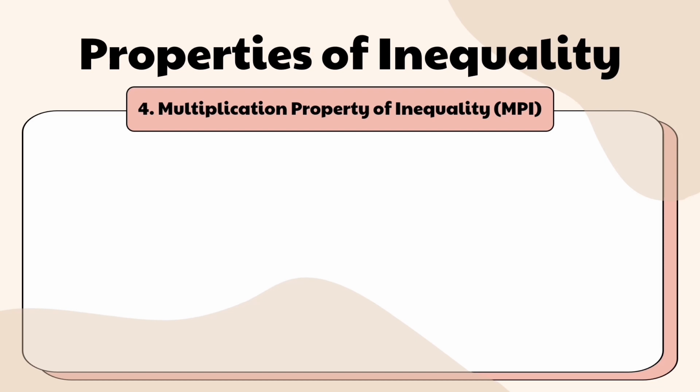So we have here an example on solving inequality applying the multiplication property of inequality, or MPI. We have negative 3x all over 2 is less than or equal to 6.